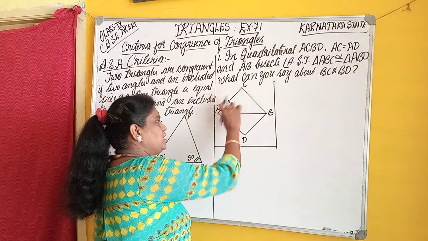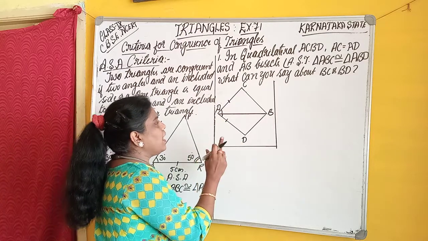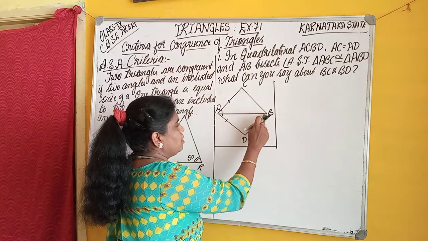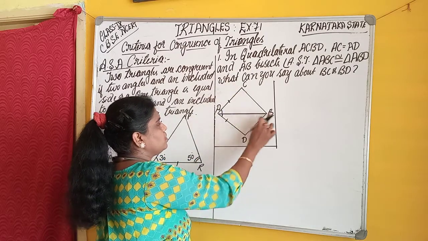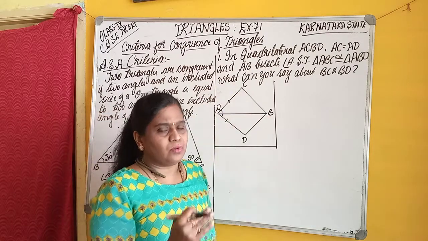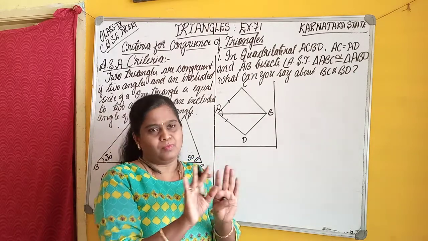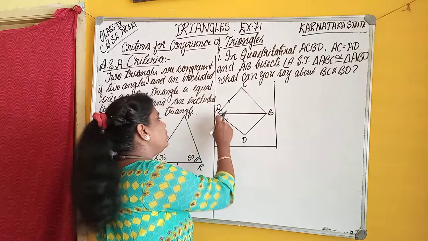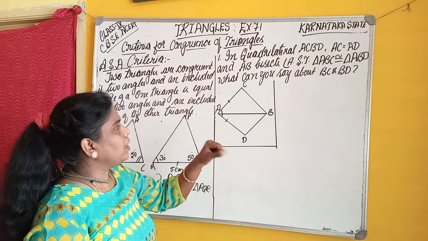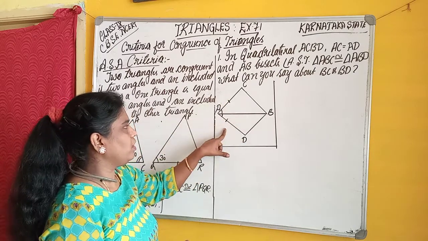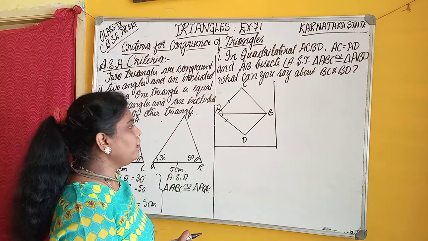The measure of AC is equal to the measure of AD. And AB bisects angle A. Therefore, angle CAB is equal to angle BAD. What do you mean by bisect? It divides the angle equally on both sides. Show that triangle ABC is congruent to triangle ABD. And what can you say about BC and BD?